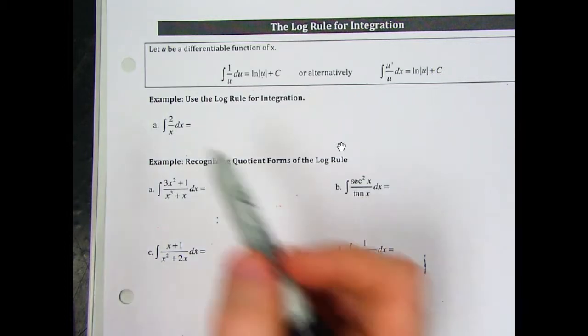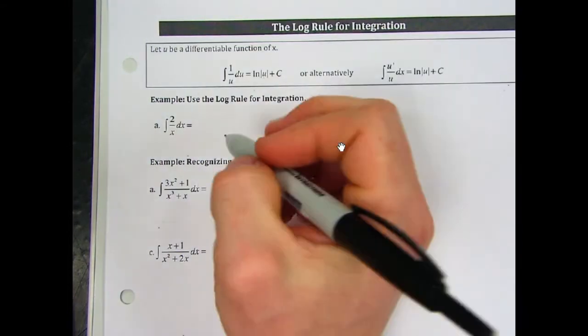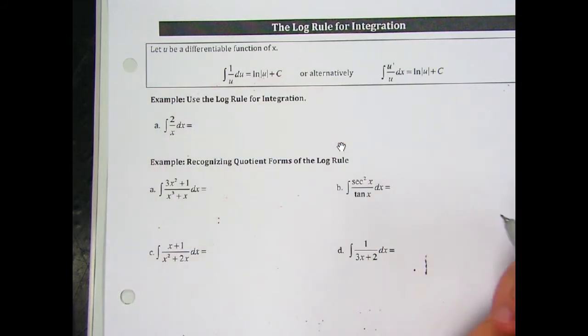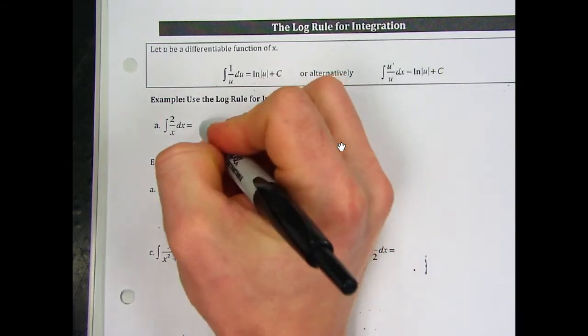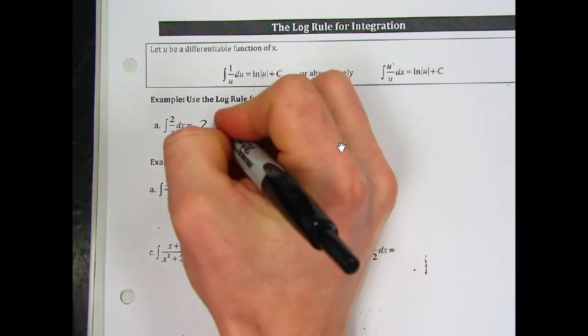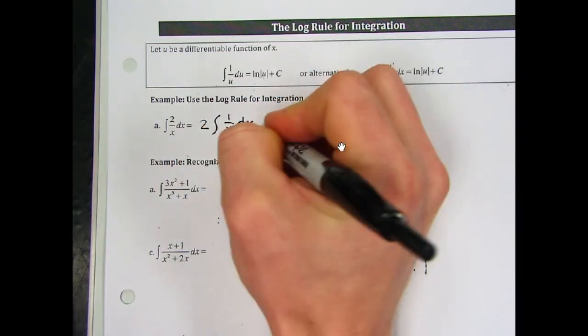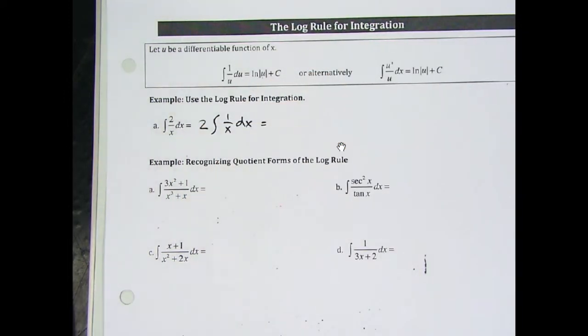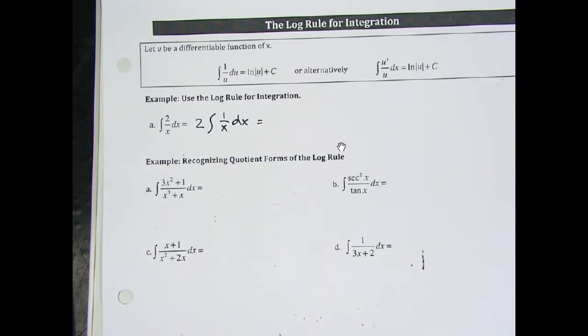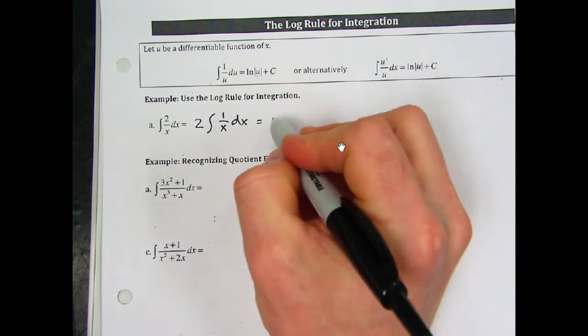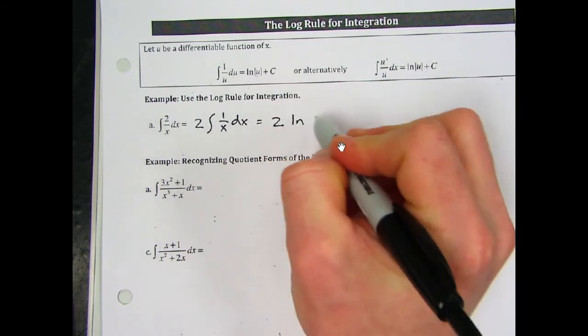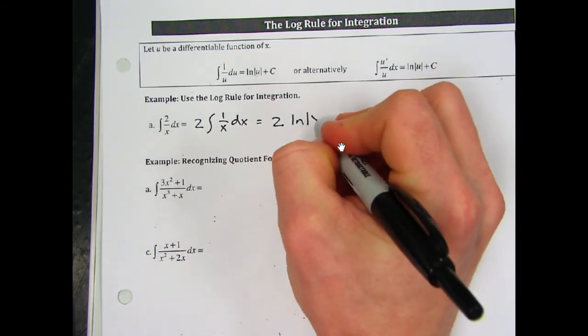So right here, we could rewrite this, because we know the factor of 2 can come out, a constant factor. And so now we have 2 times the natural log of the absolute value of x plus c.